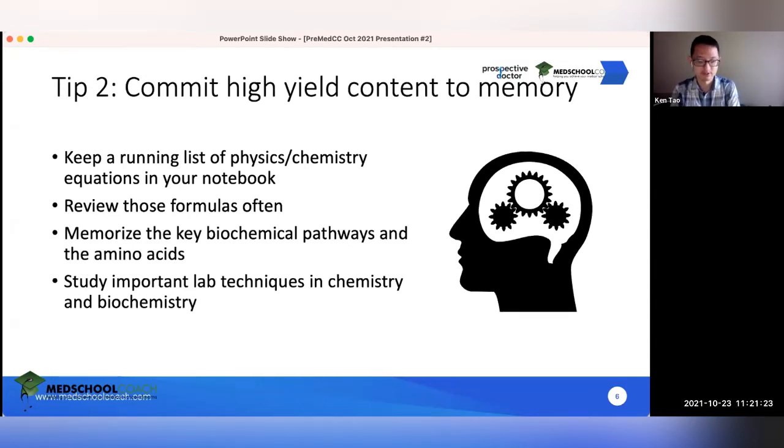So as much as possible, just start memorizing those equations, especially if you know they're going to be important for the MCAT. And if you get into a good habit of this, then it's just a good habit you'll have for the MCAT. If you think about the students in those chemistry and physics classes where cheat sheets were permitted, if you think about the students who get the highest grades in those classes, are those the students who spend a week trying to cram as much text as they can into a little flashcard?